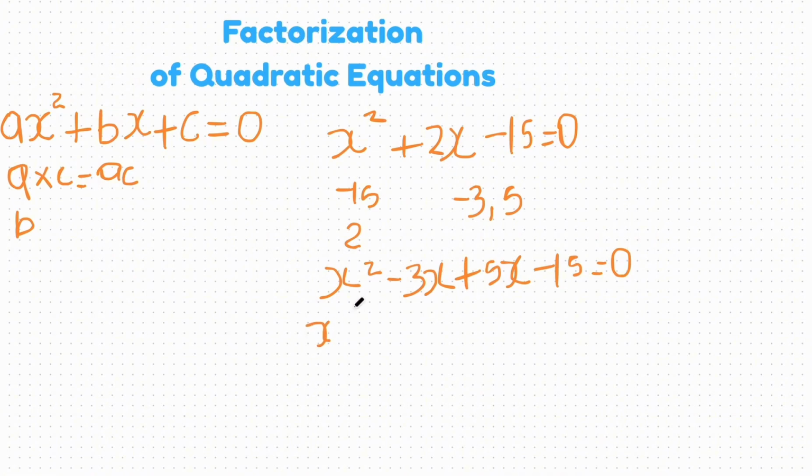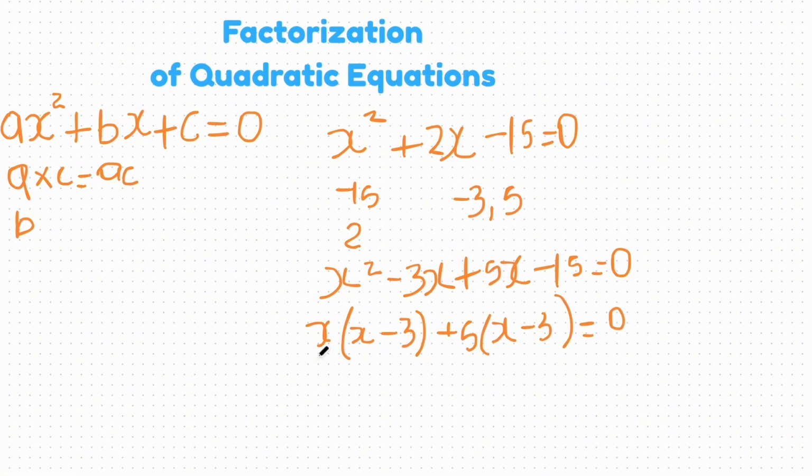X. We divide our x squared by x, and we're left with x. We divide our negative 3x by x, and we get negative 3. Close bracket. The HCF of 5x minus 15, that would be 5. 5x divided by 5, we're left with x. Negative 15 divided by 5, that's negative what? 3. Close bracket, equal to 0.